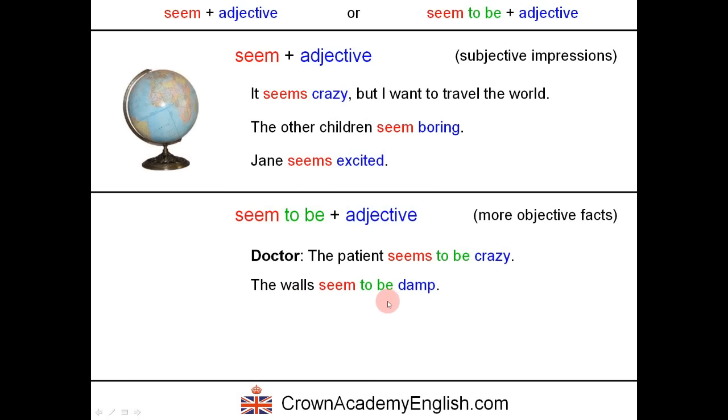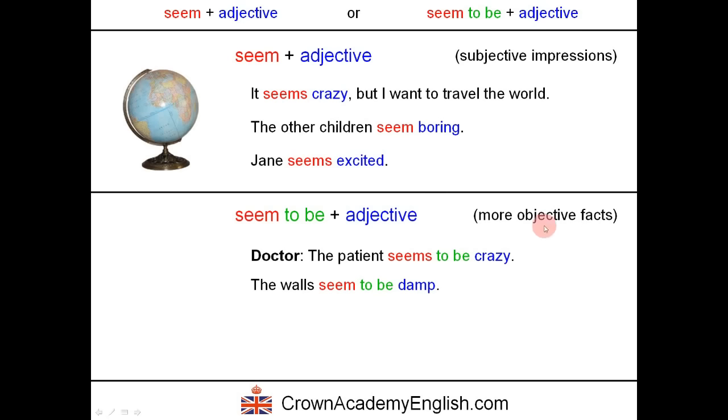The walls seem to be damp. Damp means slightly wet. So if we touch the walls and we say seem to be damp, then we are more certain. Everyone knows what damp is. So if you touch it, then there is no doubt. There's very little doubt.